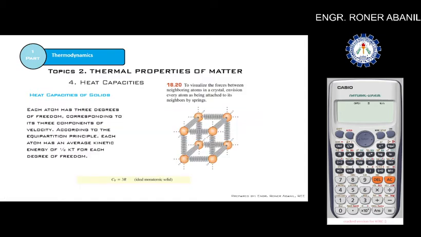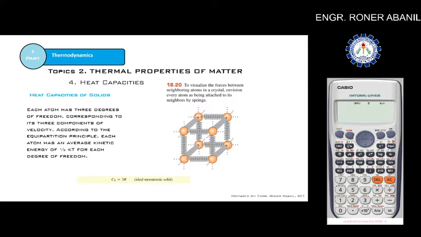So, pasok tayo dito sa tinatawag na heat capacities of solids. So, we can carry out a similar heat capacity analysis for a crystalline solid, no? Consider a crystal consisting of identical atoms, or a monatomic solid.